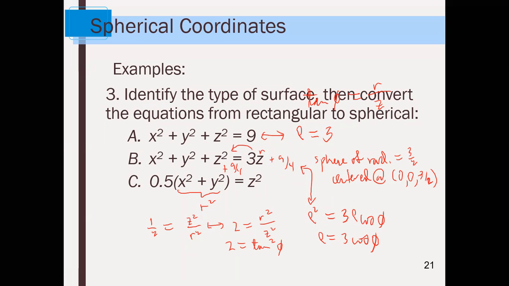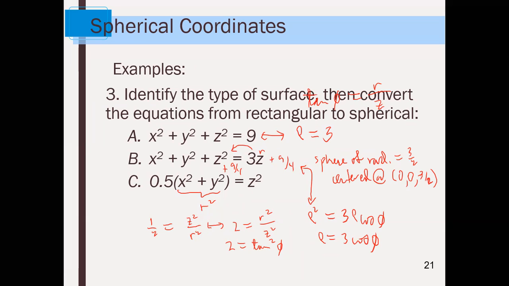That's maybe not the only way that we could express this. Can you think of other ways? You could say I want the set of all points such that tangent squared of phi is equal to 2.